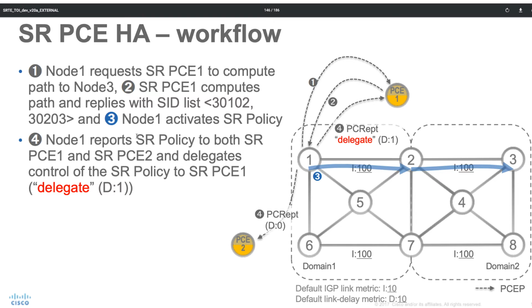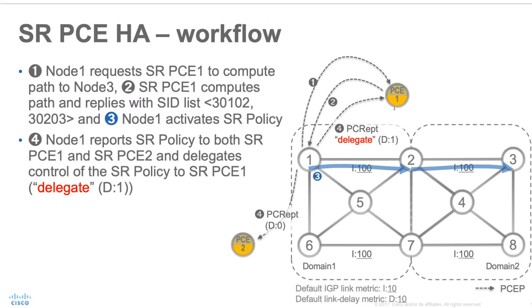At the same time, node 1 is going to report about this SR policy: hey, now I have an SR policy which is up and running. I'm letting you know the status of this SR policy so you can update your database, because if you recall from the past episode, PCE is stateful. It is keeping a state of the network. Because a new policy came in, the PCEs need to know so they can update that topological database.